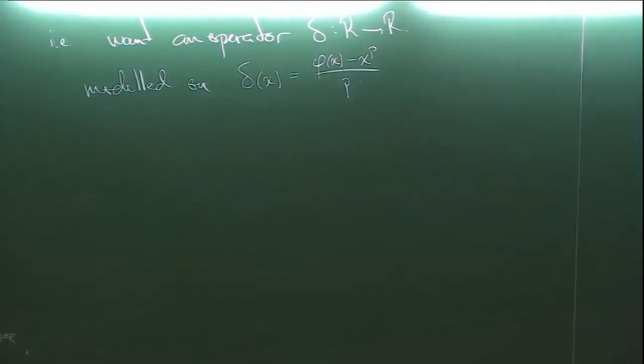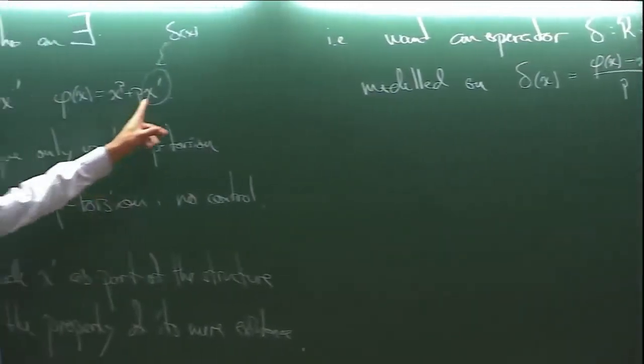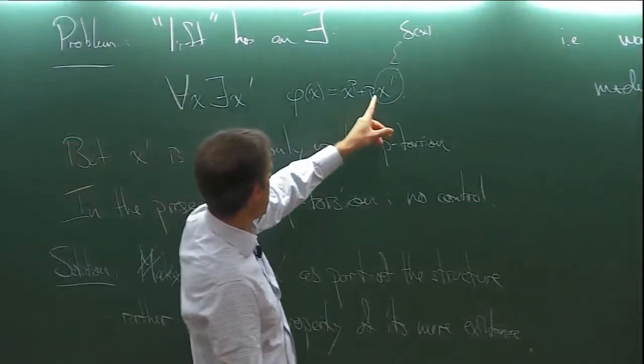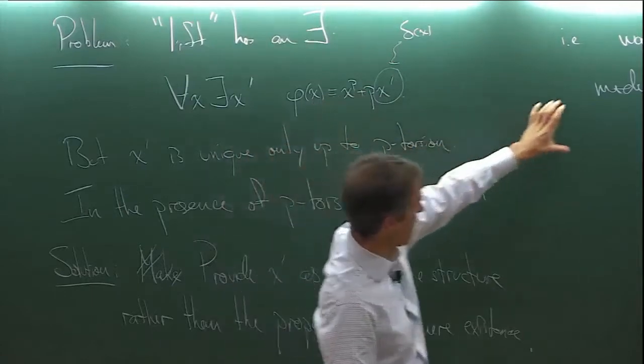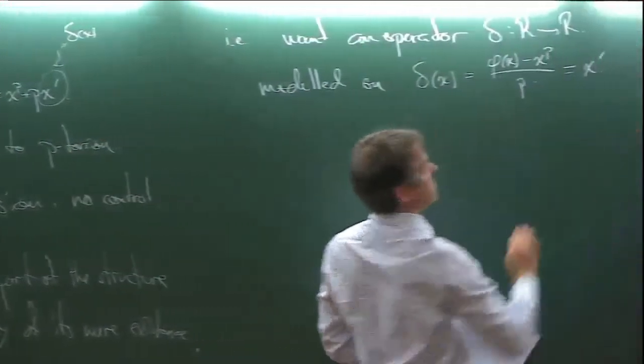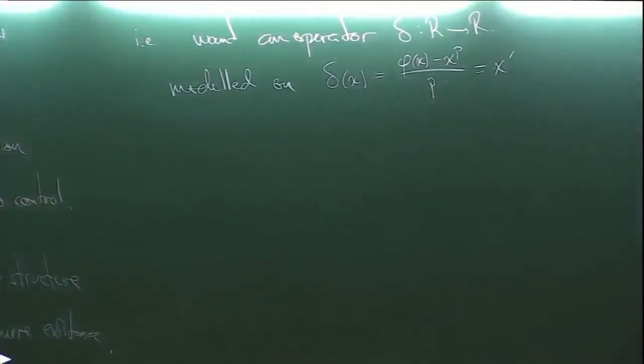Where did I write it? I have an x prime somewhere. Here. So this x prime is meant to be our delta of x, using both notations to make you think of a derivative. We'll get to that in a little bit. So we want to have an actual operator. So there's a particular x prime.